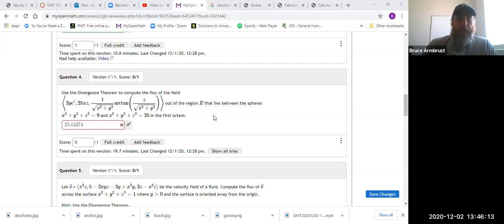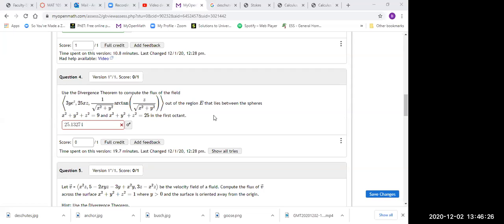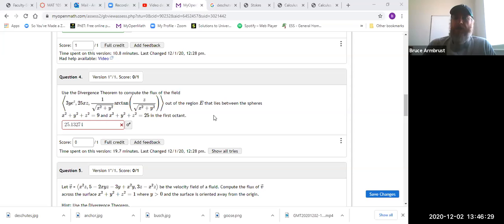So first of all, let's think about the divergence theorem and whether or not we can use it. For the divergence theorem, what do you need? A closed surface. It needs to be a piecewise smooth closed surface. Let's think about what they're talking about. We've got a region that lies between these two spheres in the first octant. Is that going to be a closed surface?